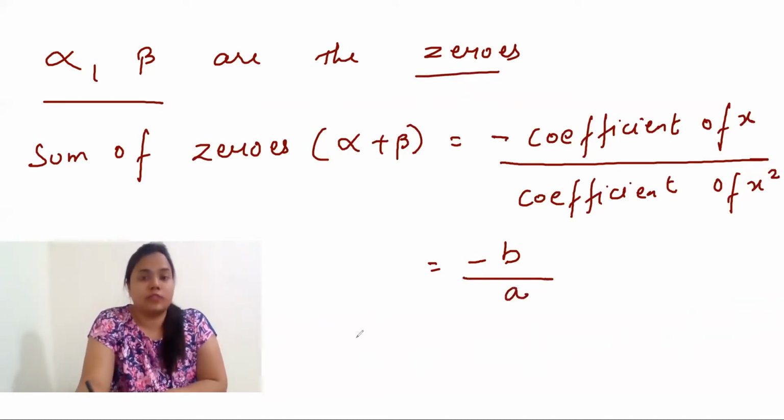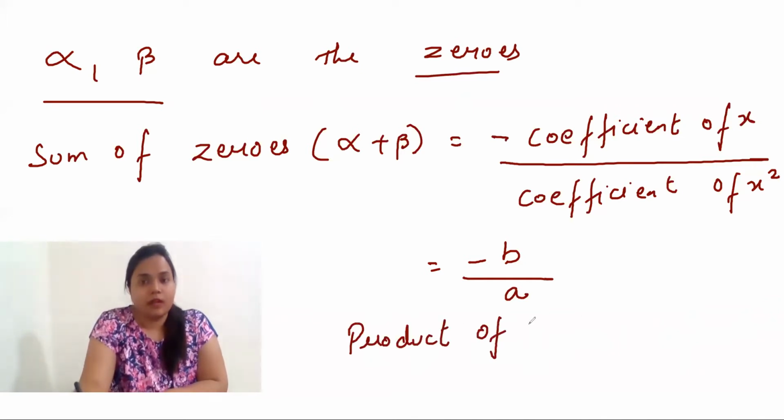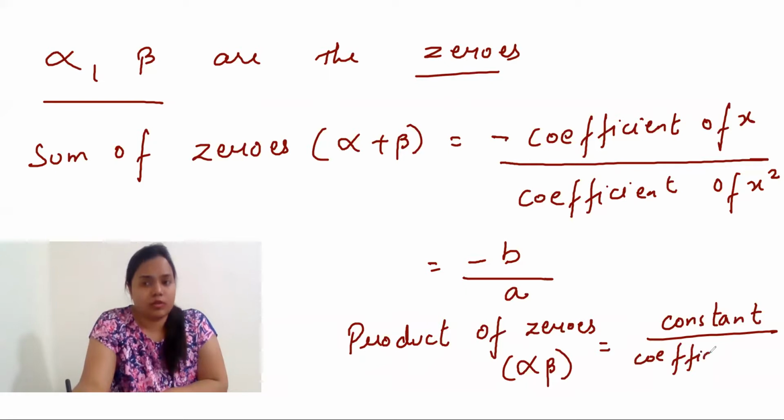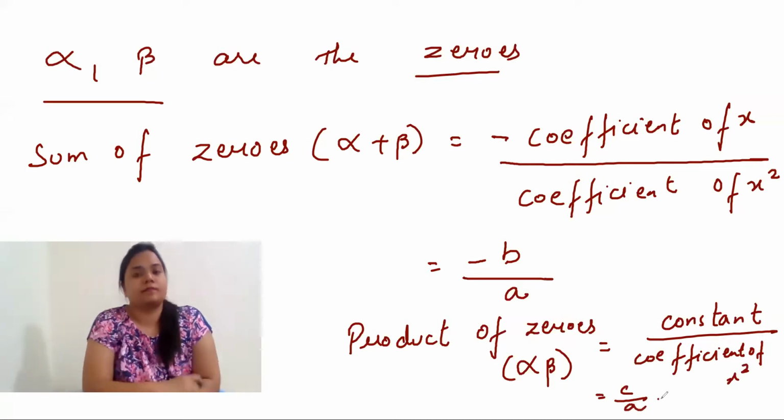Next is the product of zeros. Product of zeros means alpha into beta. This is equal to the constant upon the coefficient of x square, and this is equal to c upon a. Fine. I'll write it again.